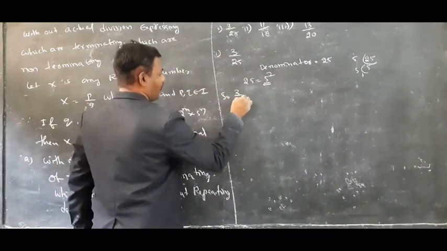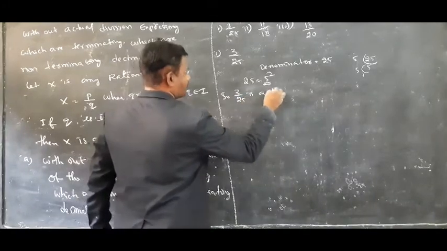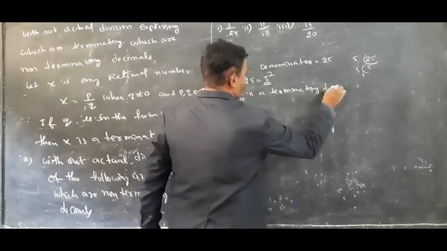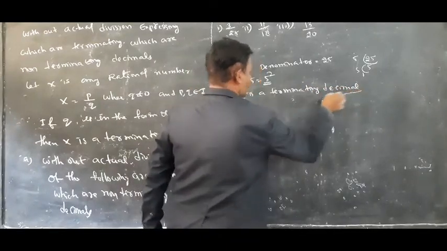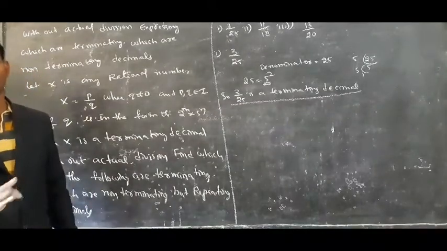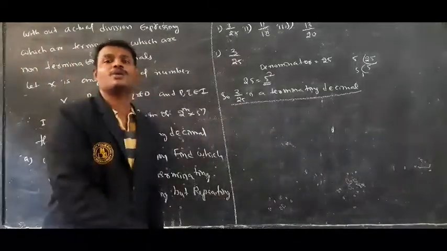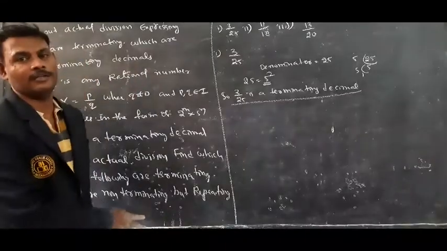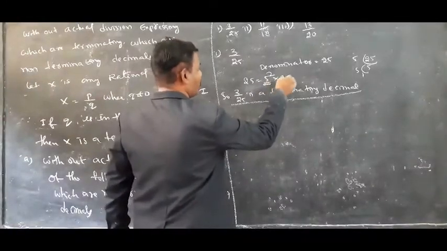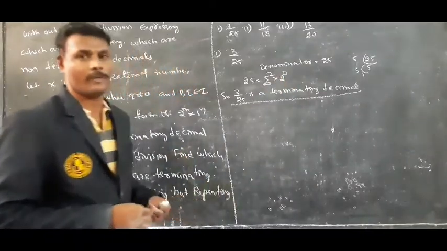So 3 by 25 is a terminating decimal. The concept: if the denominator is in the form of 2 power m into 5 power n, that is a terminating decimal. 5 power 2 we can write as 5 power 2 into 2 power 0.